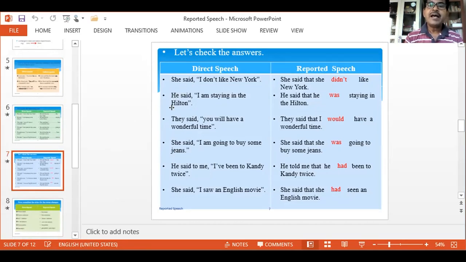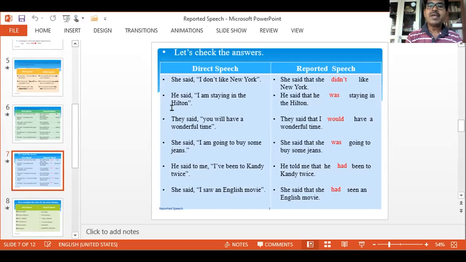He said, "I'm staying at the Hilton." He said that he was staying in the Hilton. Look at the change of the pronouns.